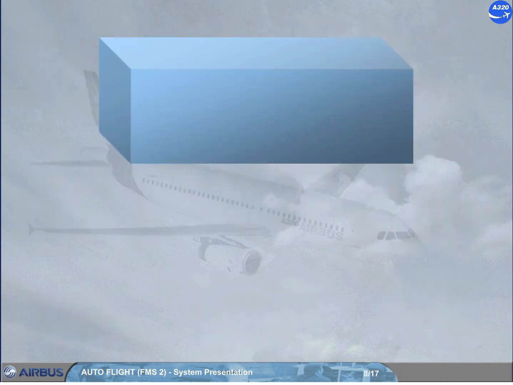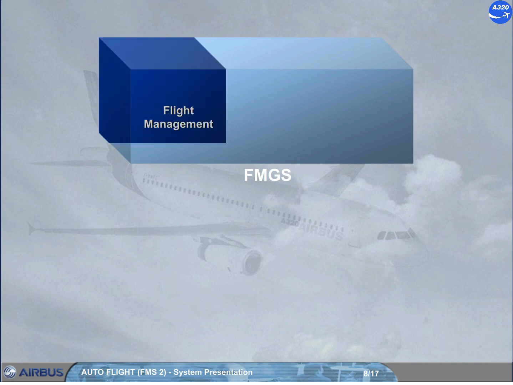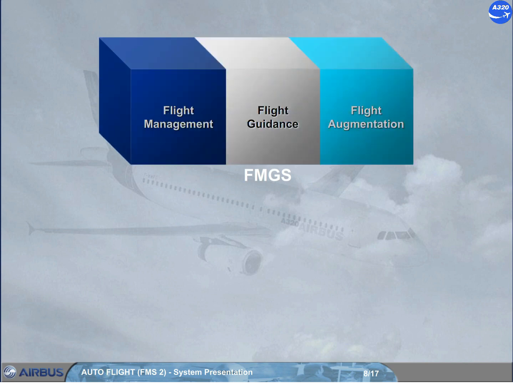The FMGS is divided into 3 main parts: flight management, flight guidance, and flight augmentation.